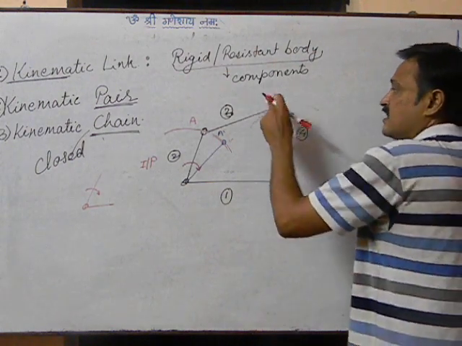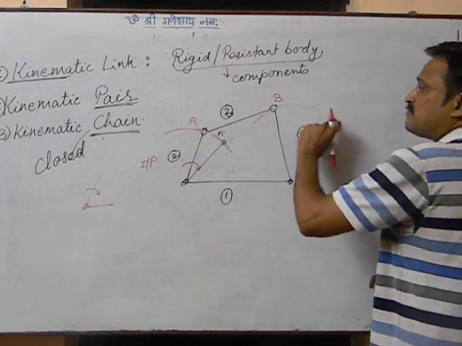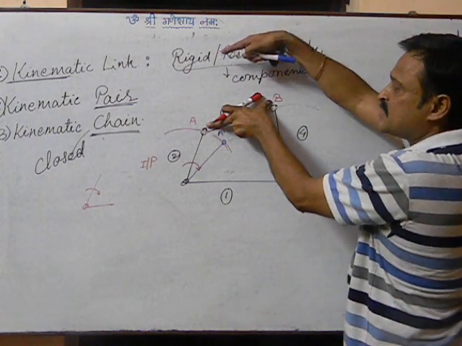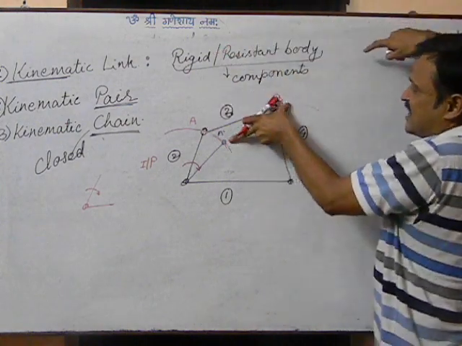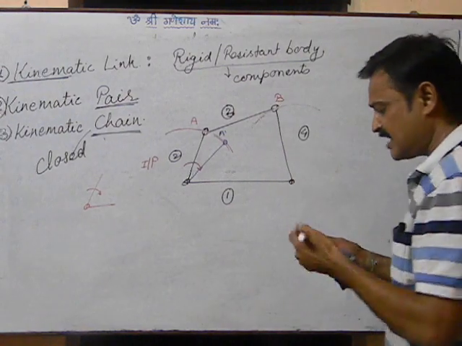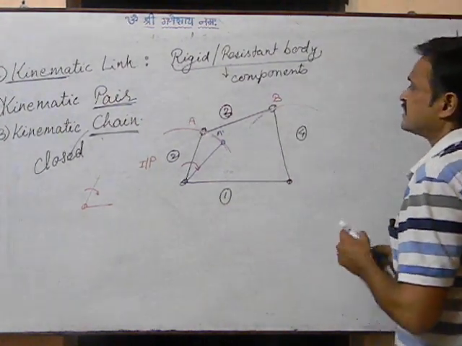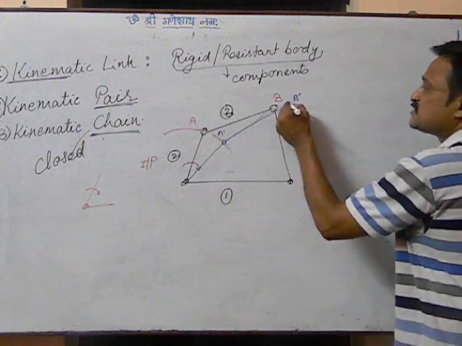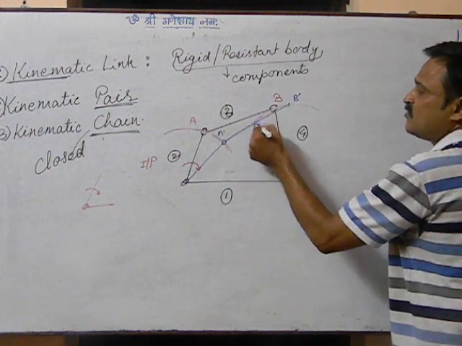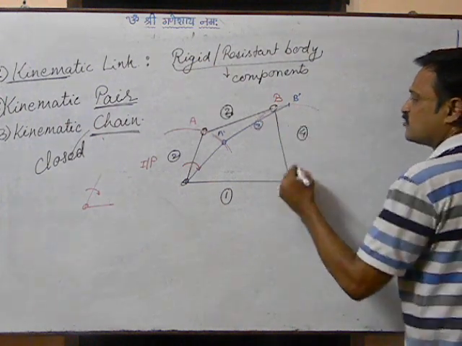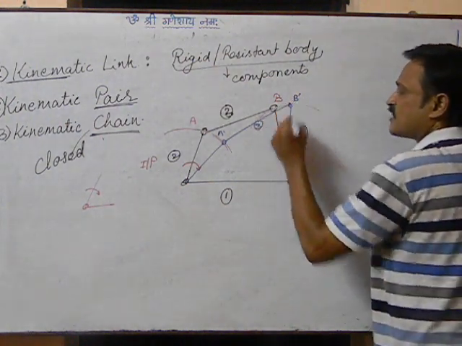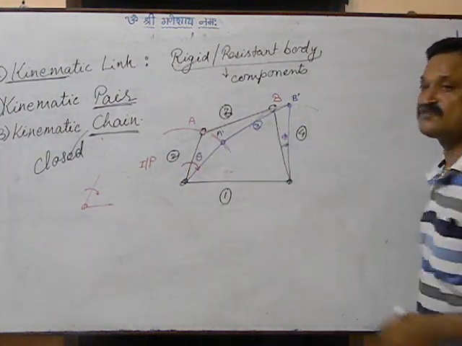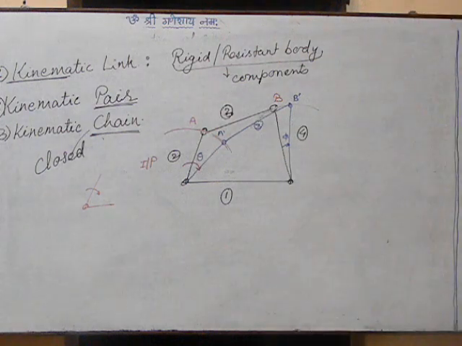So the other end of link 3 must be on the path of B, and the distance between A and B must not change because they are rigid. So if I take this distance from A dash and mark it, I get B dash. That means this is the position of link number 3 now, and link number 4 has also turned. So if I turn this by some theta, maybe link number 4 has turned by some angle phi.